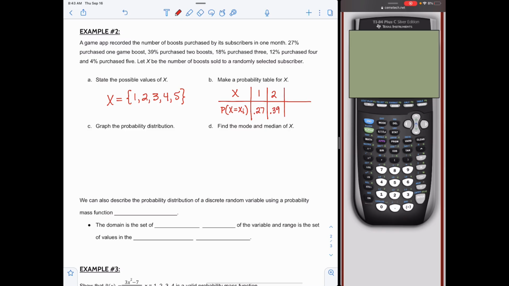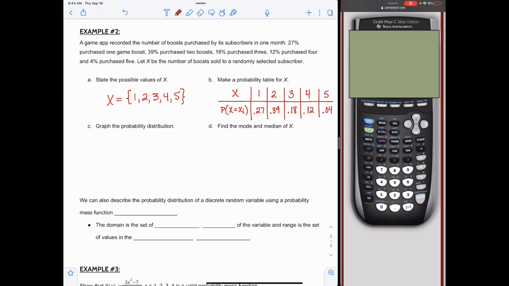And I'm writing them in decimal form. 3 is going to be 18%. 4 is 12%, and 5 is 4%. So that is my probability table.